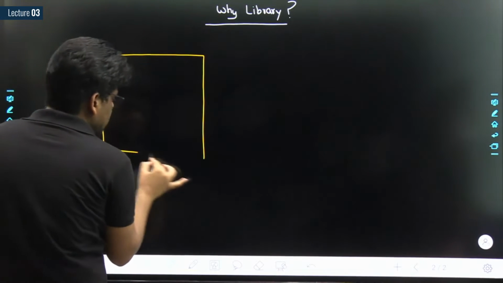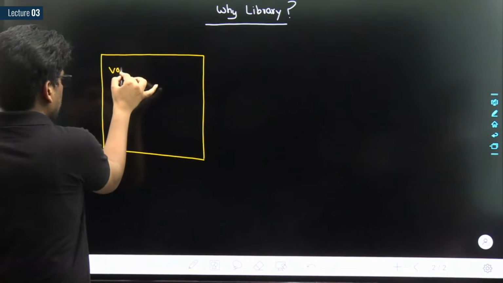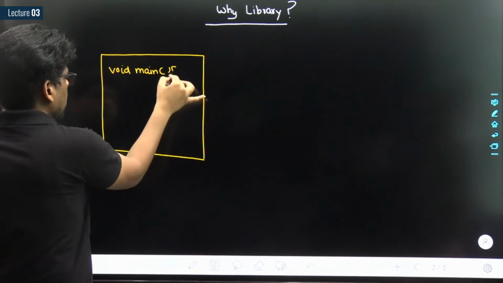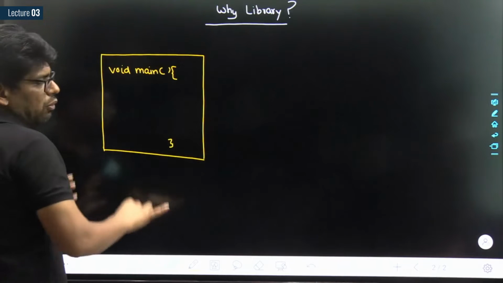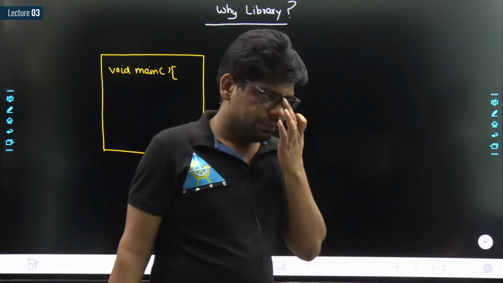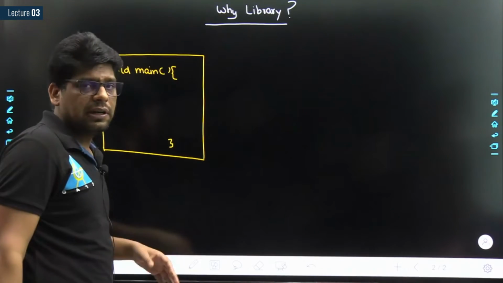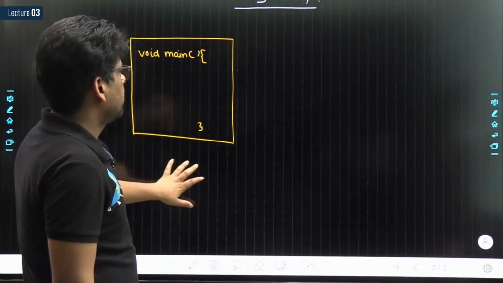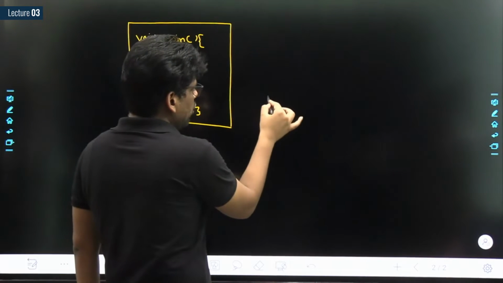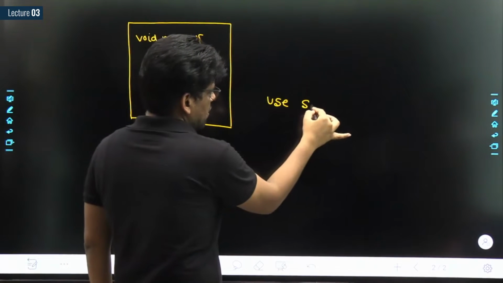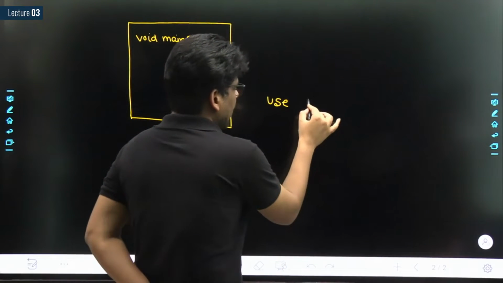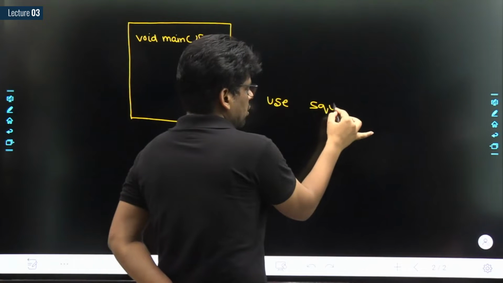Sir, a program in C looks like this. void main. The minimum requirement for any C program is like this. Okay, done. Let us suppose in the beginning phase, I need to calculate the square root of a value.